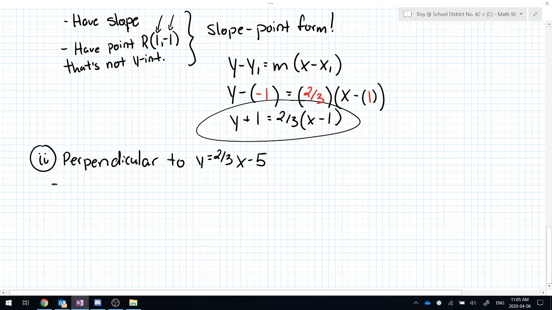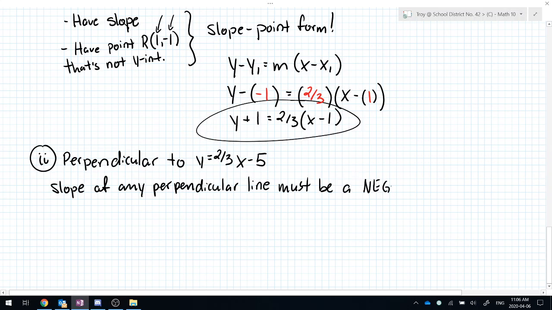So if you remember, the slope of any perpendicular line must be a negative reciprocal.